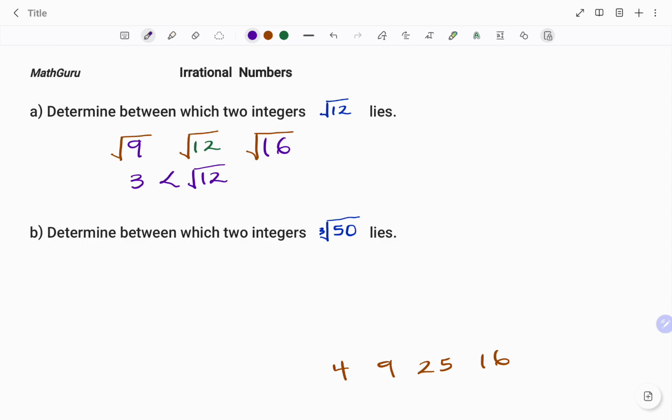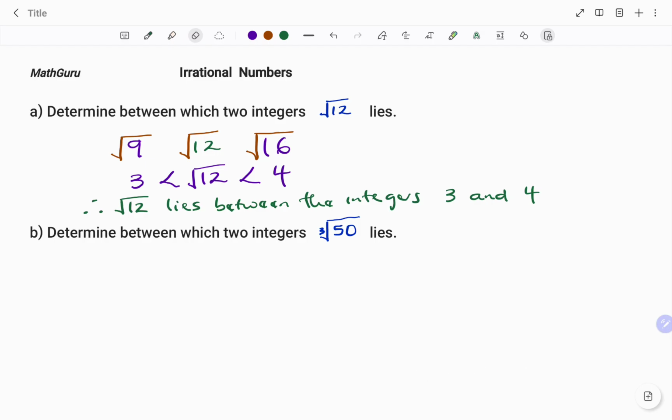And then the value of the root of 12 will be less than the square root of 16, which is 4. So therefore, the root of 12 lies between the integers 3 and 4.